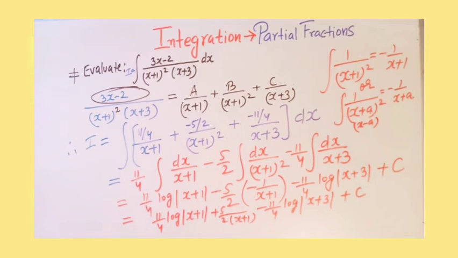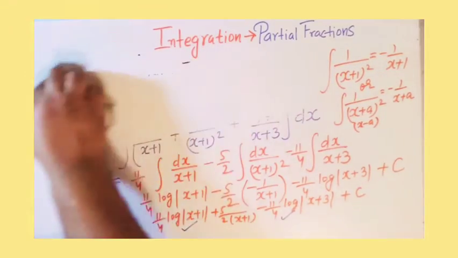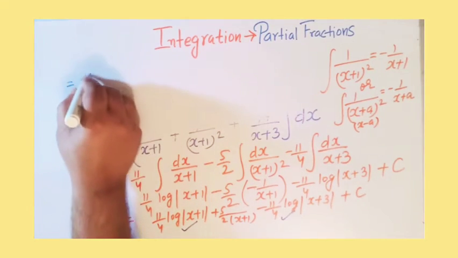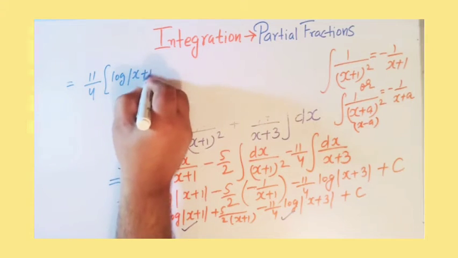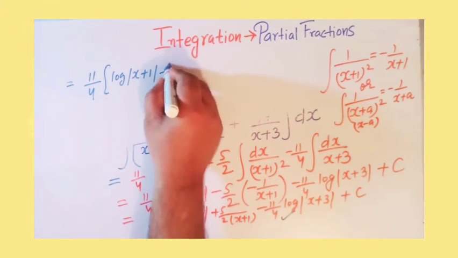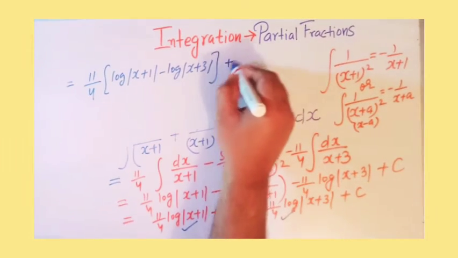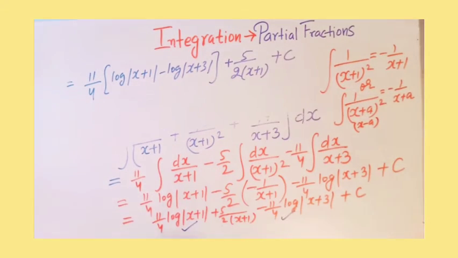Now if we combine these two terms, then we can write a more simplified form of the answer, and here we can have 11 by 4 times log of x plus 1 minus log of x plus 3, and then we have plus 5 by 2 times (x plus 1) plus c, right?